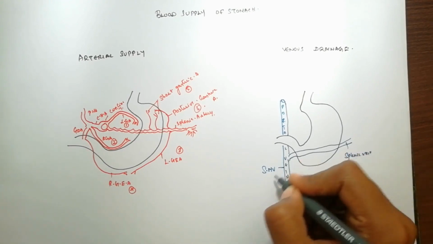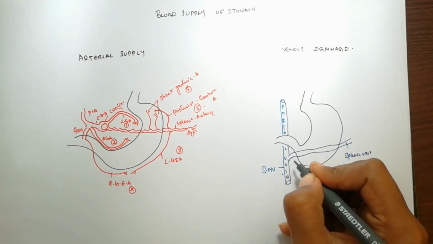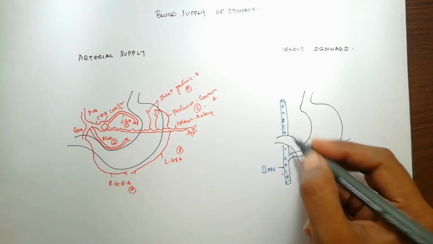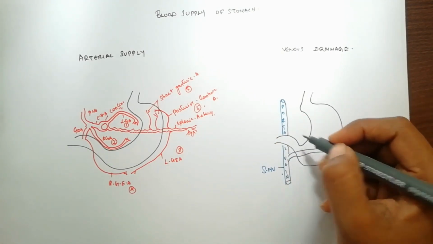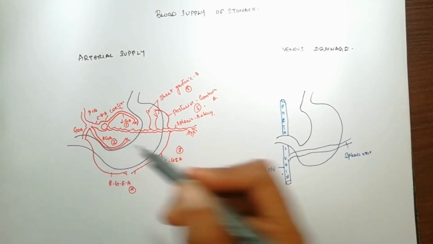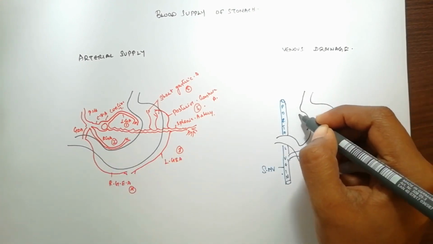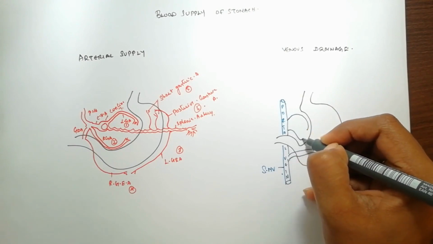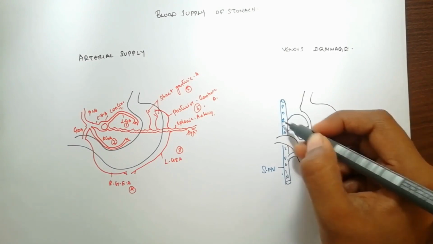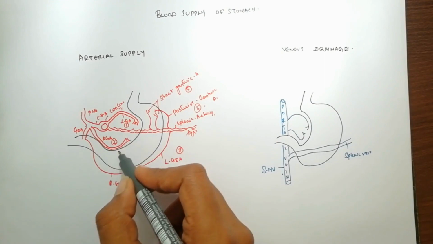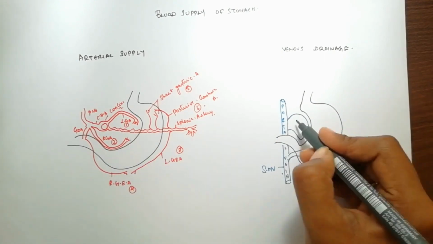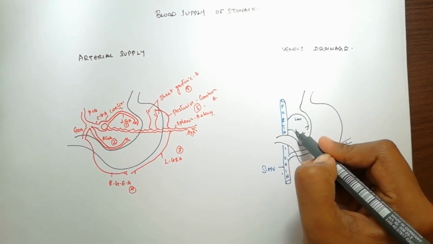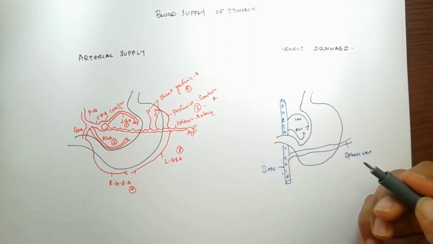Both these veins, superior mesenteric and splenic, combine together to form this trunk called the portal vein. Now we have the left gastric and right gastric accompanying veins. The left gastric vein and right gastric vein drain directly into the portal vein. Those are the accompanying veins for the lesser curvature, so the lesser curvature is drained by the left gastric vein and right gastric vein into the portal vein.